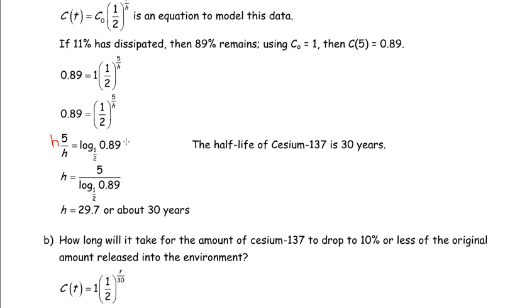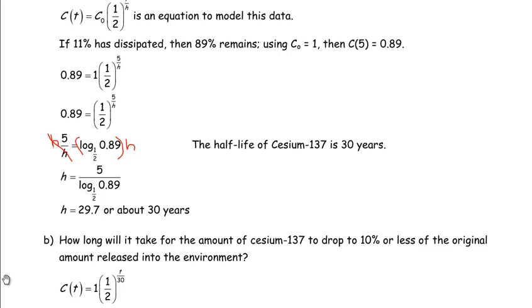So this whole logarithm gets multiplied by h. So those h's divide out, and in order to isolate for h now, h is multiplied by this whole logarithm, so h would equal the 5 divided by that logarithm, which is what's given right here.